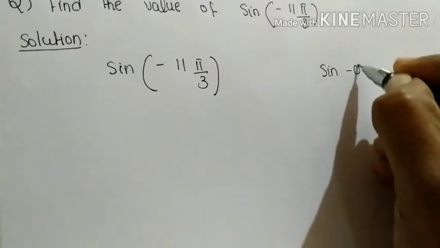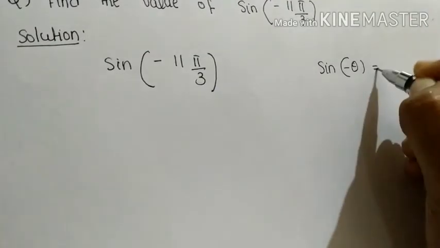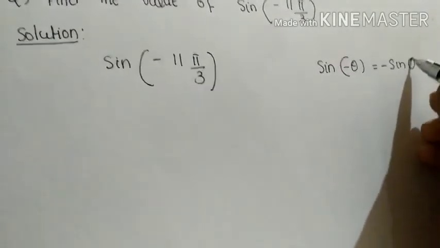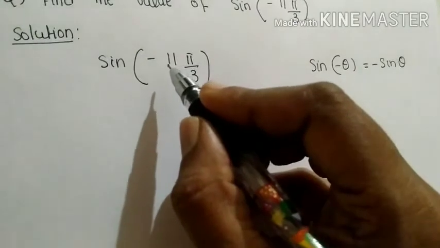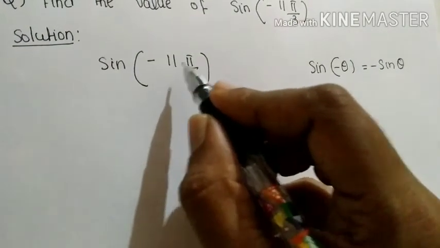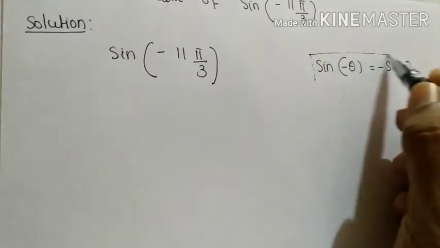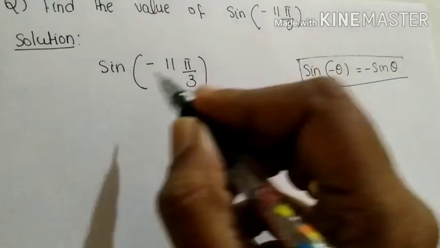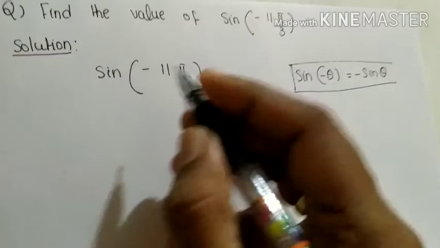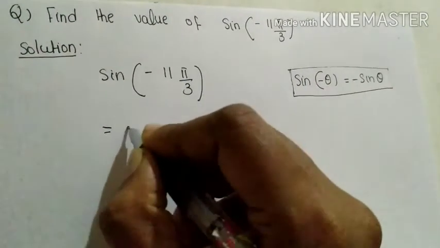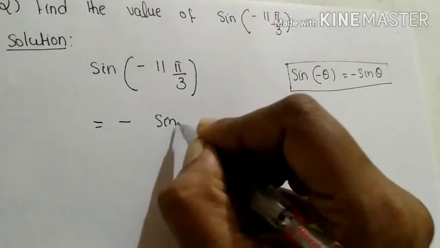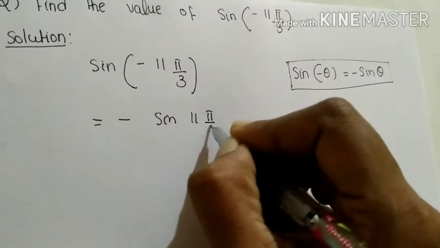And we know that sine of minus theta is equal to minus sine theta. So here theta is 11 pi by 3. So applying this condition, sine of minus 11 pi by 3 can also be written as minus sine of 11 pi by 3.